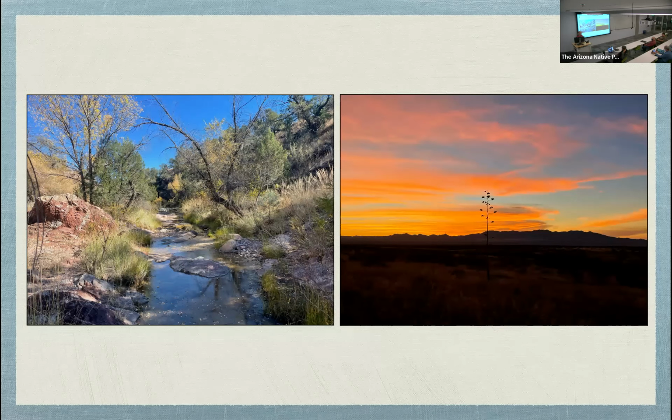And so the Native Plant Society, both the organization and the individual members, have spoken out in opposition to that in the past year. So she'll give us an update on where those plans are and what we can do to be effective in trying to prevent that road from going through. So hope to see you all then.